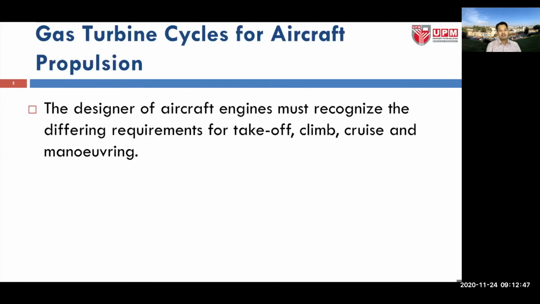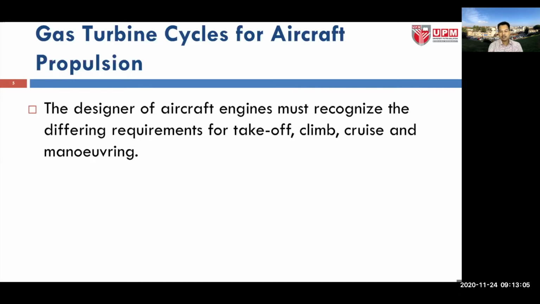The designer of aircraft engines must first recognize the differing requirements, either during takeoff, climb, cruise, as well as maneuvering. So as an aircraft engine designer, you must take these conditions into consideration.